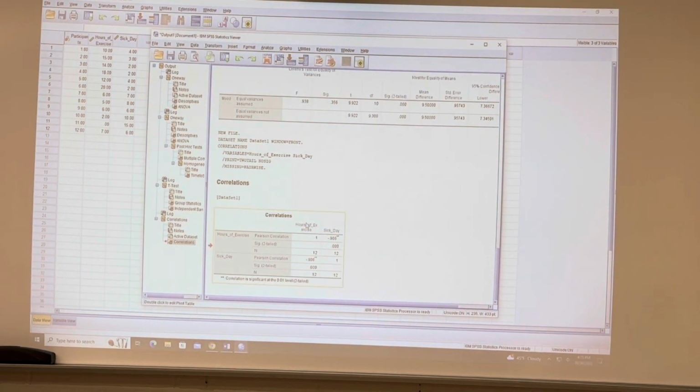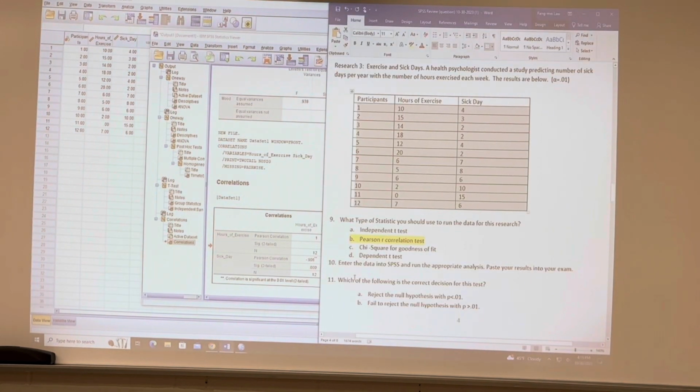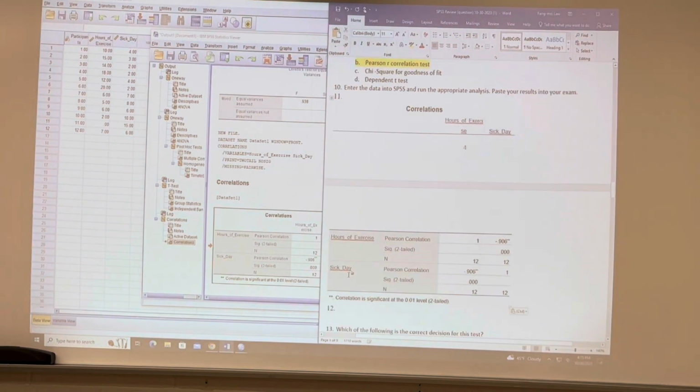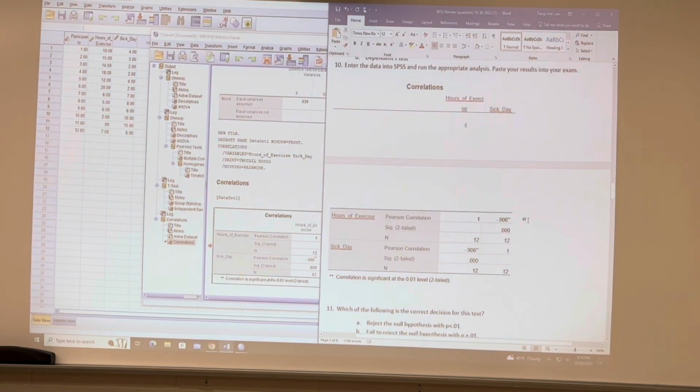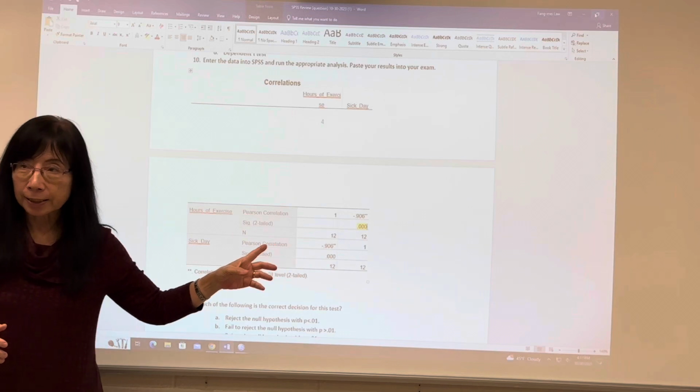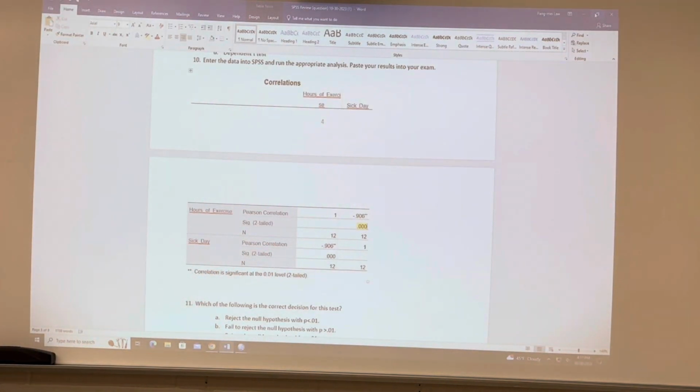You got this table, so we just need to copy this table back to here, under 10. Okay, so now what? Sig here is 0.000. Rejected. You will reject.